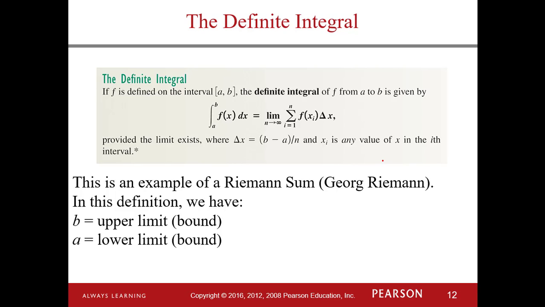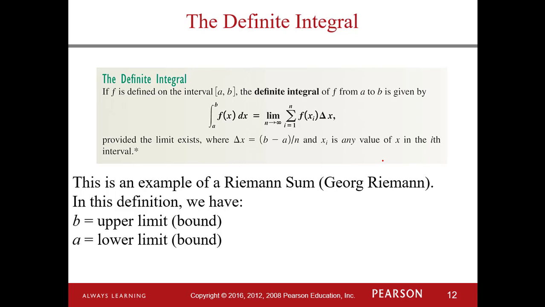So the definite integral is, if f is defined on some closed interval [a, b], that definite integral of f from a to b is given by, again, the integral from a to b of f of x dx, is equal to the limit as n approaches infinity of the sum of i equals 1 to n of that function evaluated at each of those rectangular pieces times the width delta x, provided that limit exists, where delta x is b minus a over n, and x sub i is any value of x in the ith interval.